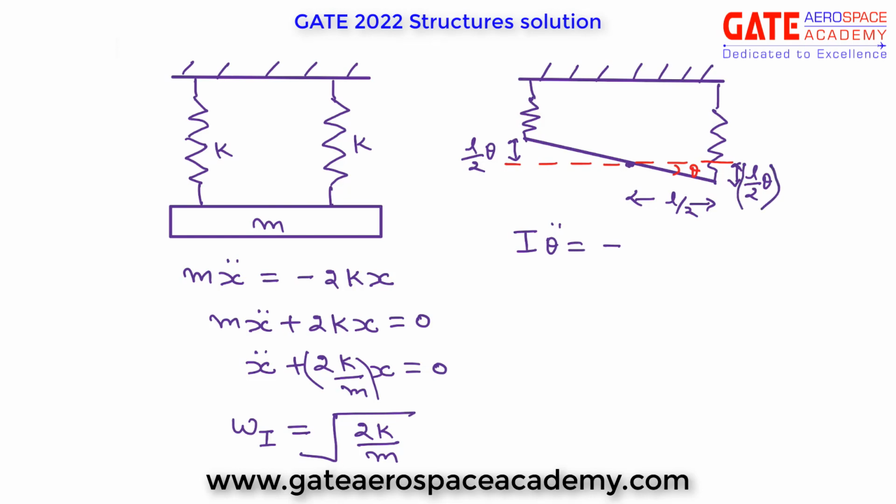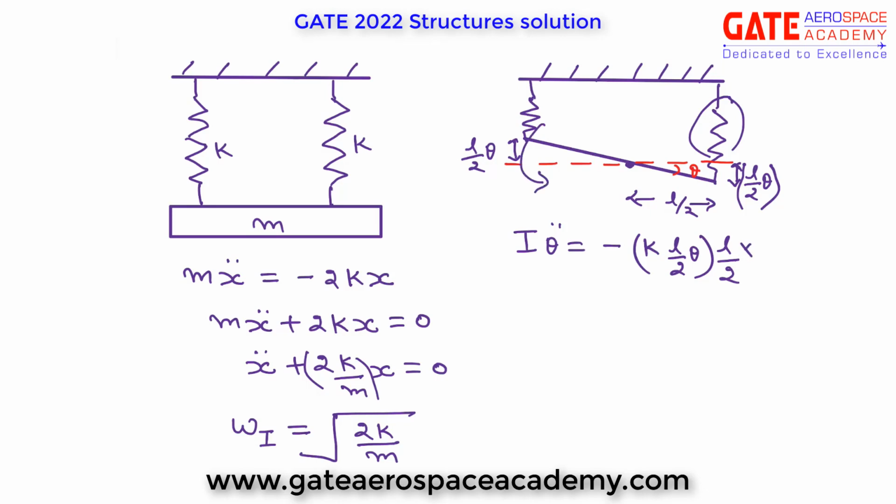And what about torque about this point? This force into distance, that is L by 2, this distance, correct? So we can write force, that is K into L by 2 into theta. This will be force, but this is torque equation. So force into L by 2 will be the restoring torque for this spring, correct? But there are two springs, so this will also give the restoring torque like this.